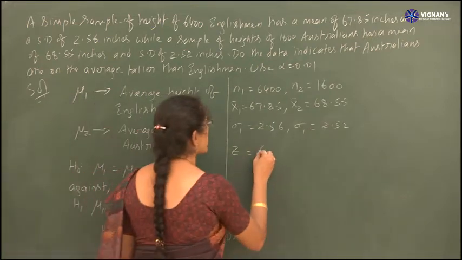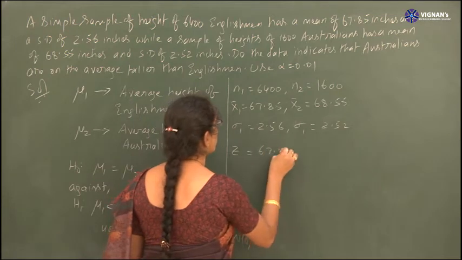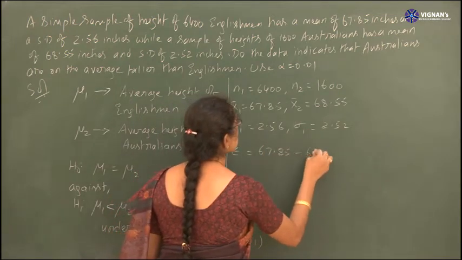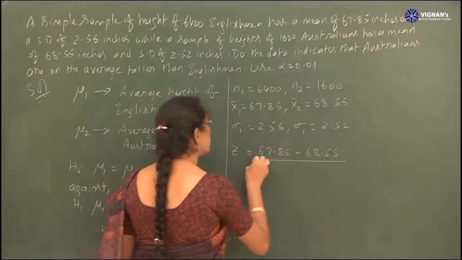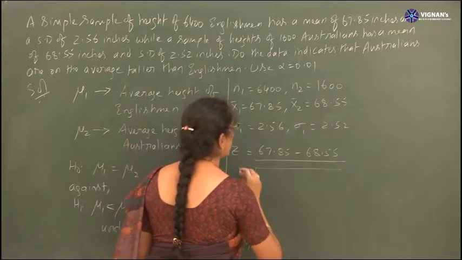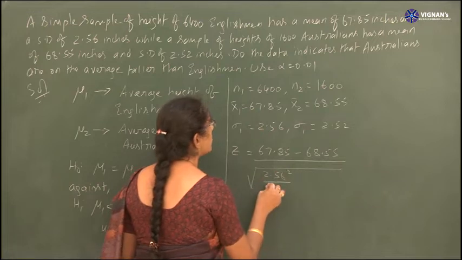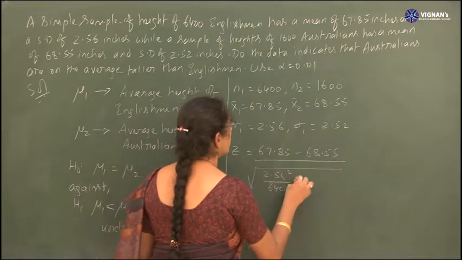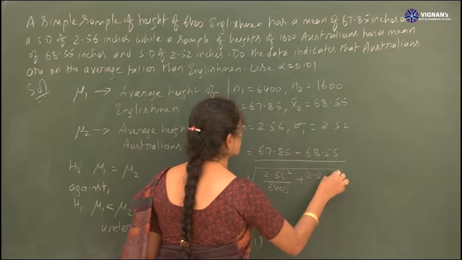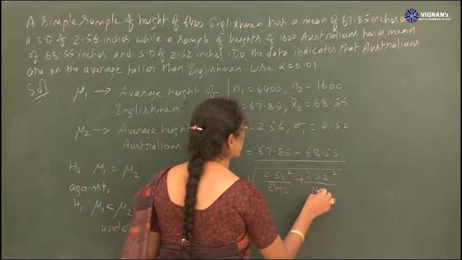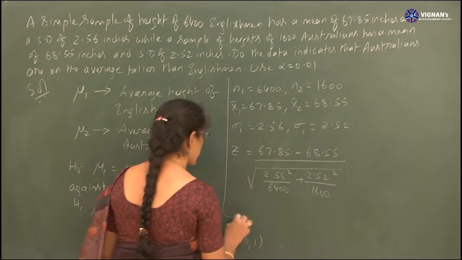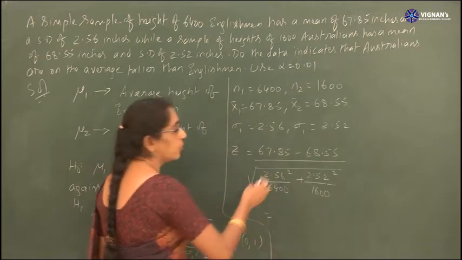Now substitute these values in the Z formula. So x1 bar means 67.85 minus 68.55 by square root of sigma 1 square, that is 2.56 square by 6,400 plus 2.52 square by 1,600. Now let us first simplify the numerator here.